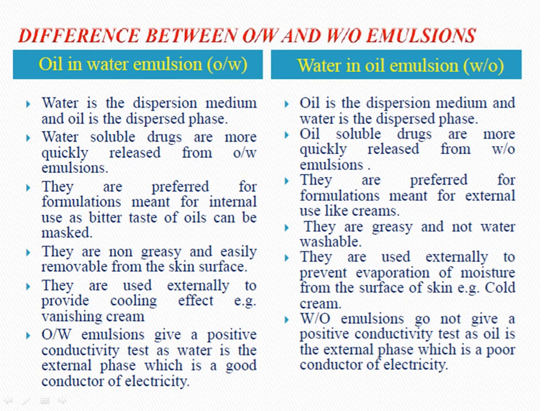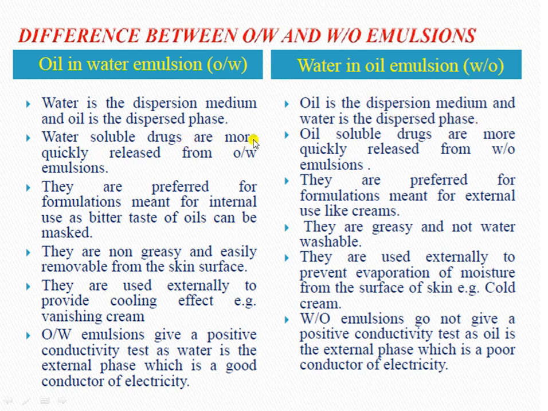Then we'll discuss the difference between these two types of emulsion, O/W and W/O. In O/W type of emulsion, water is the dispersion medium and oil is the dispersed phase. But in case of W/O, oil is the dispersion medium and water is the dispersed phase.